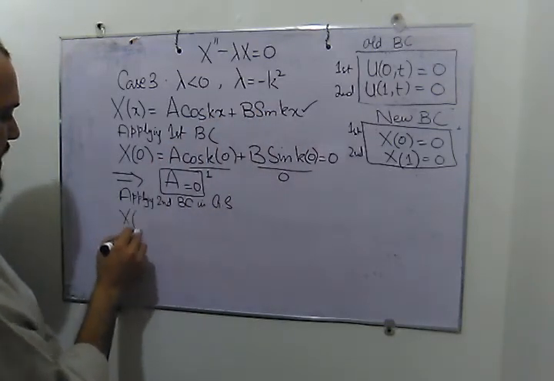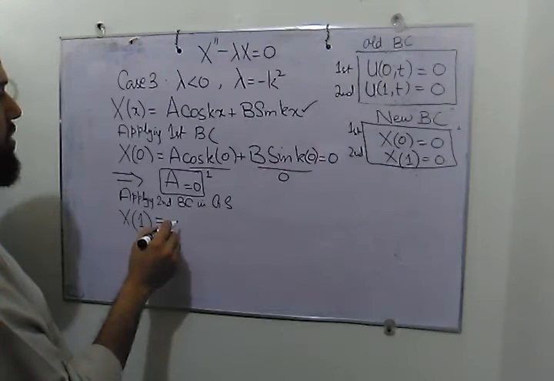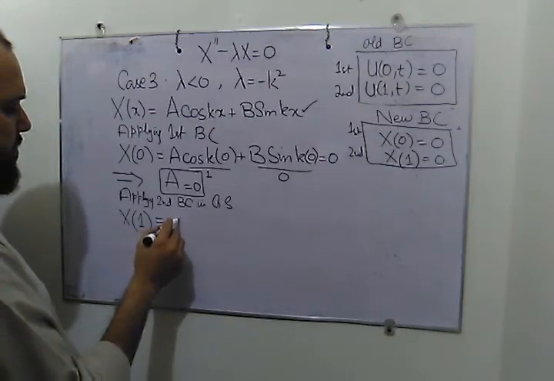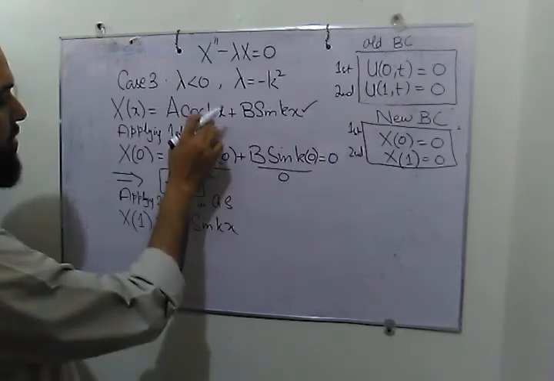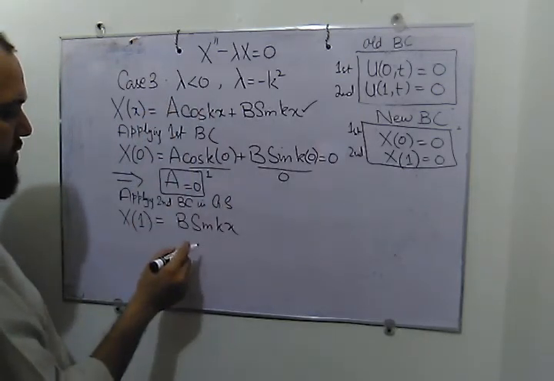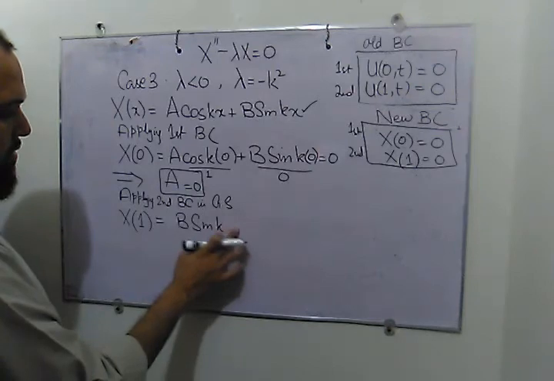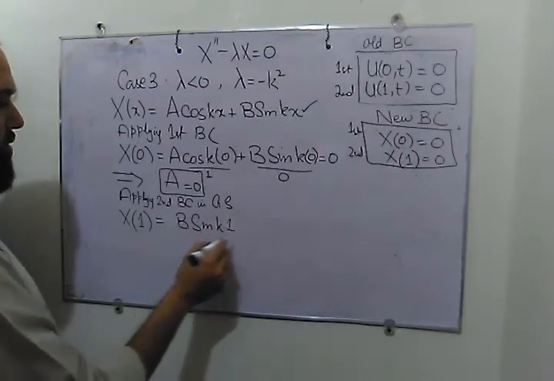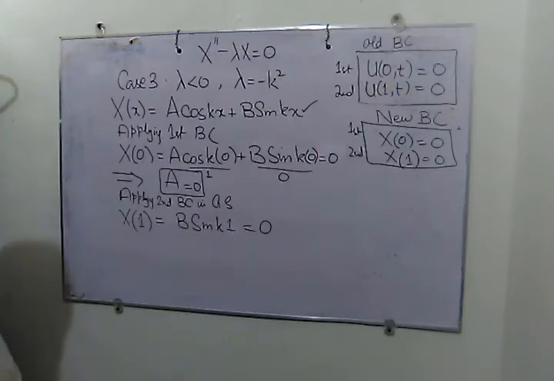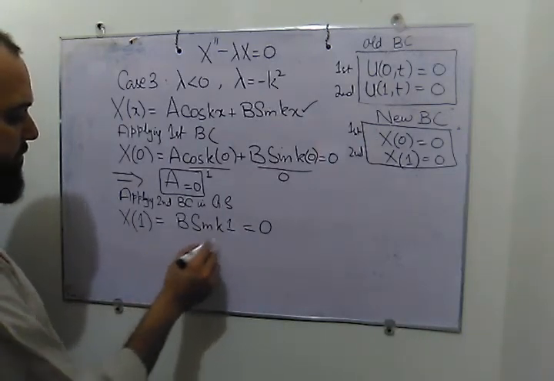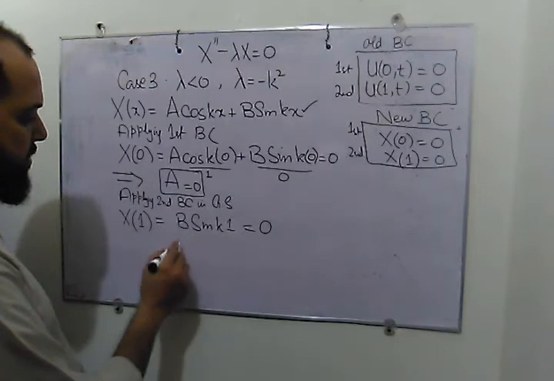So if we put x of 1 is equal to b sine k, since a is equal to 0, we cannot write this term, and this x of 1 is equal to 0. If this is the situation, then we have b sine k is equal to 0.